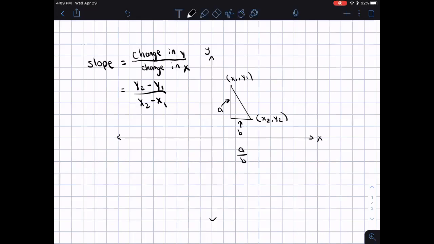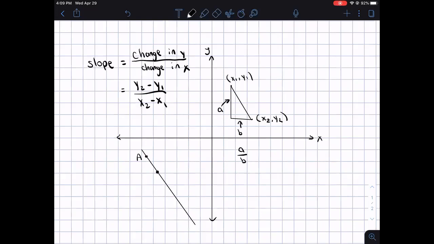So why is slope useful? Given a line, let's just draw a line here. Let's say we choose any 2 points. A property of a line is that no matter which 2 points you choose, the slope is always equal.